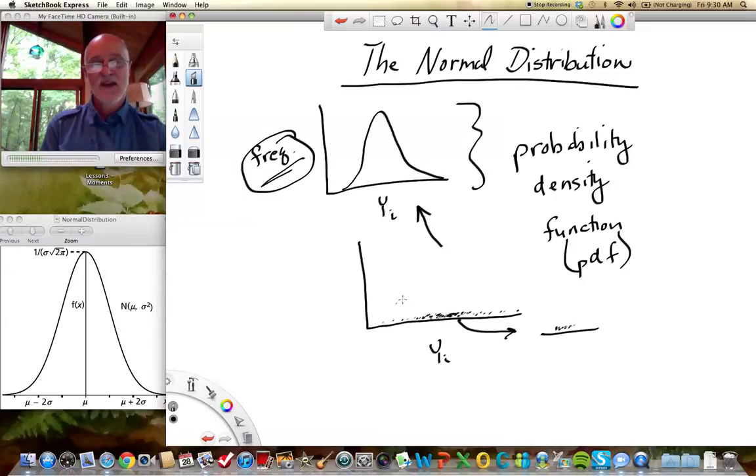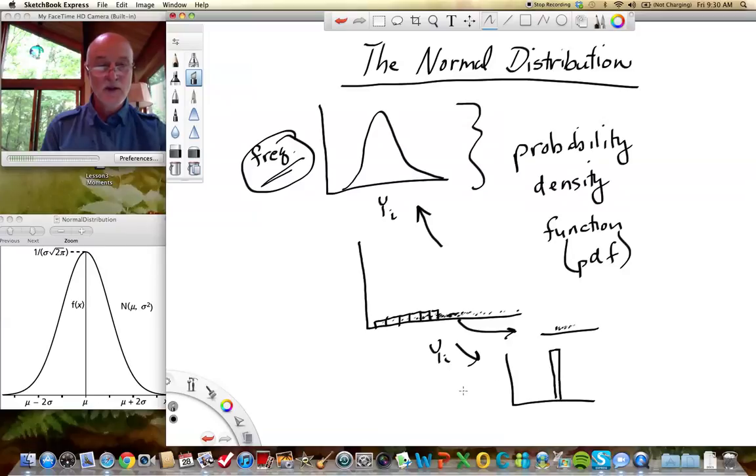Okay, and so if we were to put these in bins of equal width and count the number of points in these bins, then suddenly we would see that we have more points in the middle bins, right?